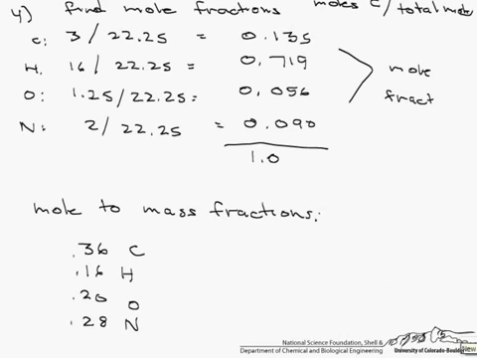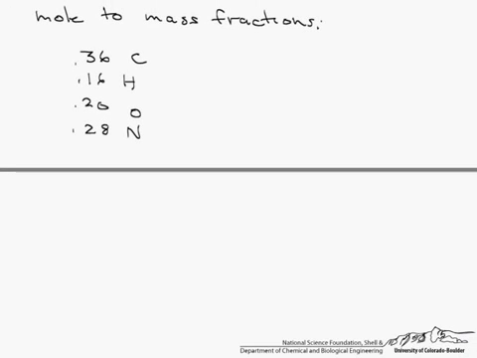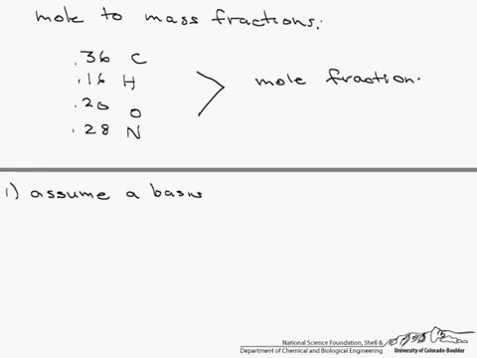So those are going to be our mole fractions. So now, again, we start with assuming a basis. However, because these are mole fractions, we should assume a basis in moles. So we're going to assume a basis of 100 moles.